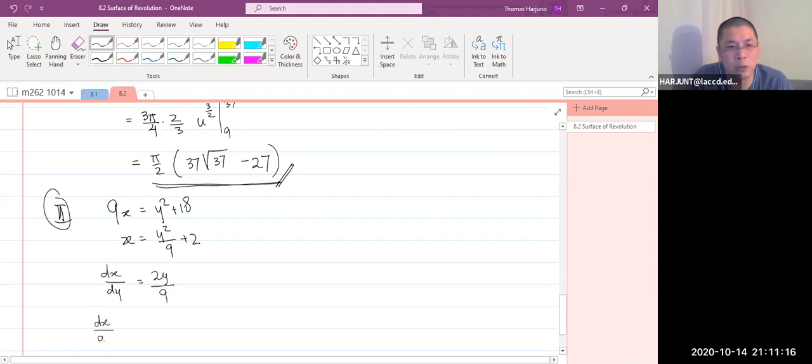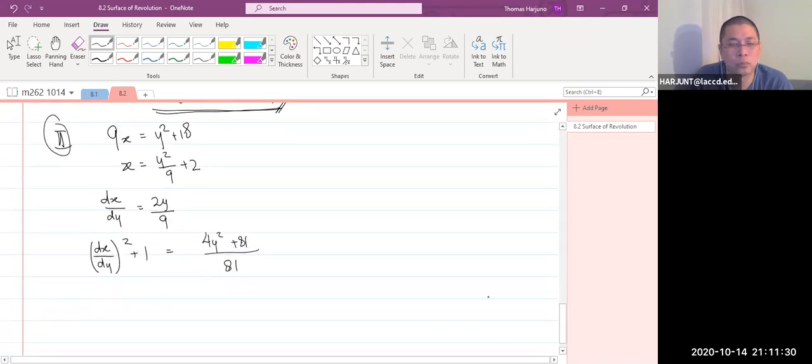dx/dy squared will be 4y squared over 81. If I apply the square root, then I get 1 over 9 square root of 4y squared plus 81.